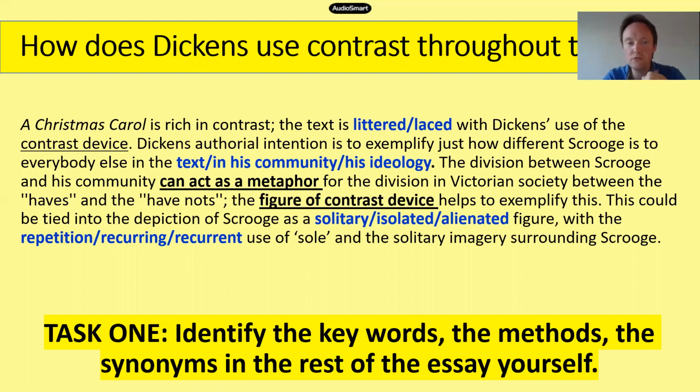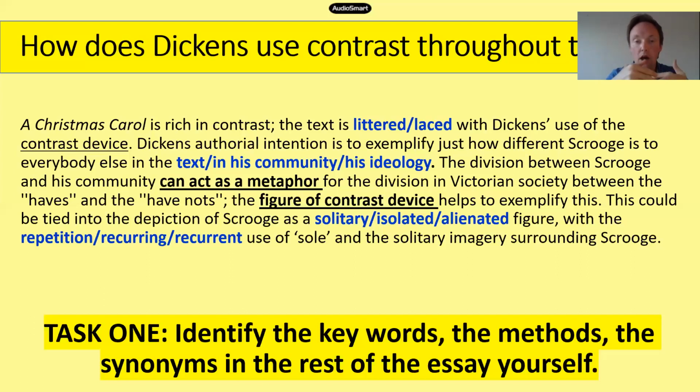The division between Scrooge and his community can act as a metaphor for the division in Victorian society between the haves and the have-nots. The figure of contrast device helps to exemplify this. This could be tied into the depiction of Scrooge as a solitary figure, with the recurrent use of soul and the solitary imagery surrounding Scrooge.